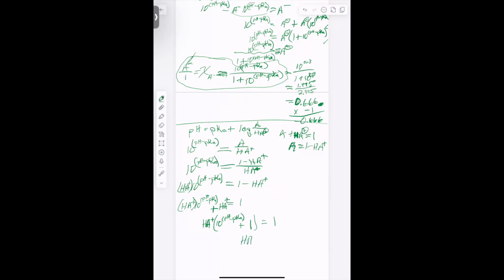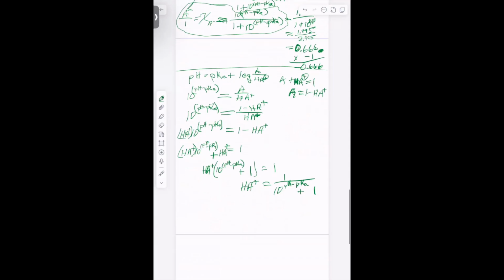So I can get HA plus is equal to 1 divided by 10 to the pH minus pKa plus 1. And again, now I got it so that if I know the pH and the pKa, I can figure out how many moles of HA plus are present, but I could also divide by 1, and that would give me the mole fraction.